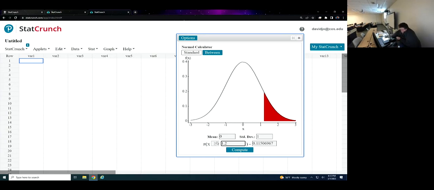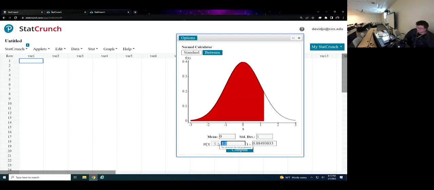And if I write it in, I've got 0.11507. I go to 5 decimal places. Next one was z is less than negative 0.4.